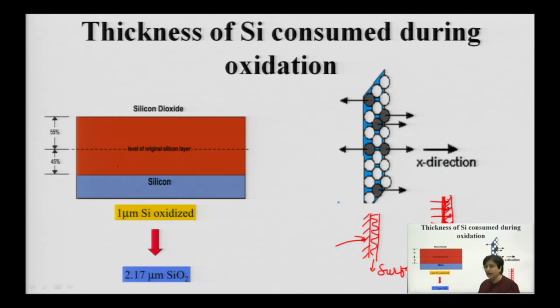Again I am repeating, whenever there is 1 unit of growth on the silicon, 0.44 units are consumed first. That means the oxidizing species will penetrate inside silicon first and then the oxide will grow.